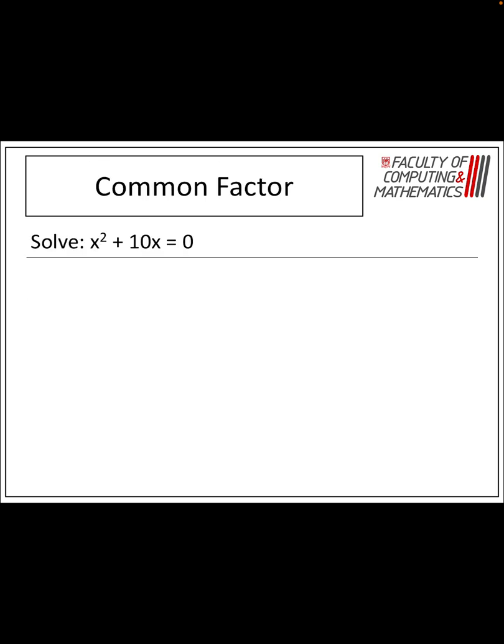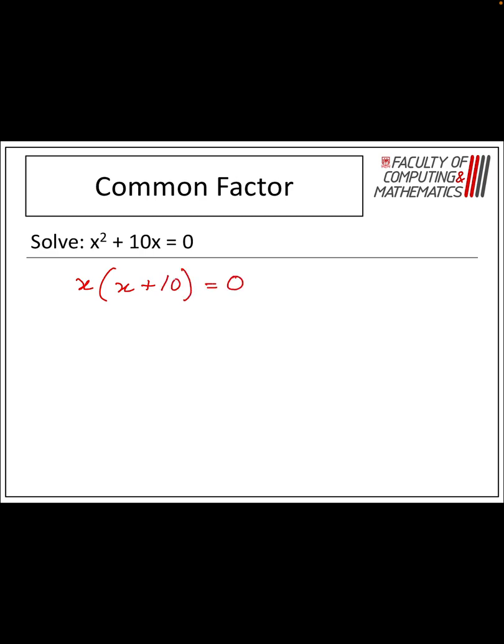Okay, so let's go into solving the quadratic. So we've got x squared plus 10x, we've set it equal to 0 and we want to solve it through factorising. So we're going to factorise it by a common factor, and obviously there is an x in both of these, so I'm going to take x out as a common factor. Then I'm going to ask myself x times what will give me x squared and x times what will give me 10x.